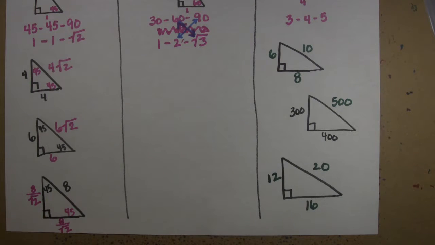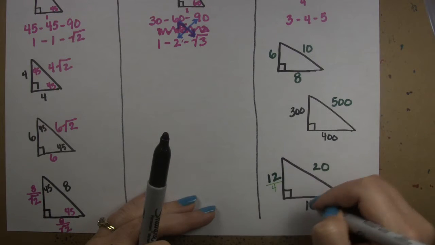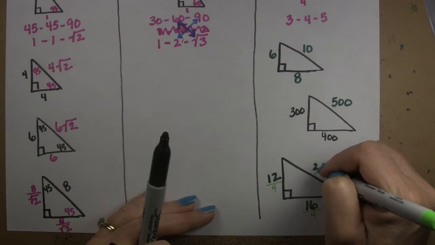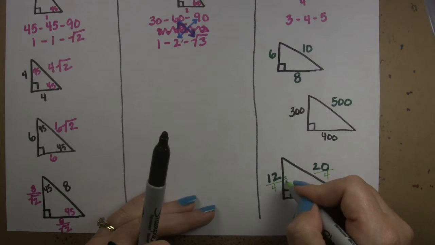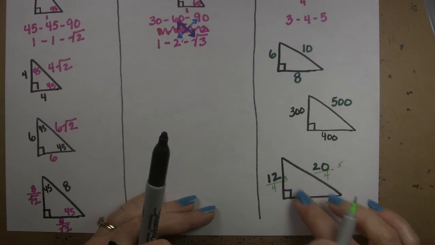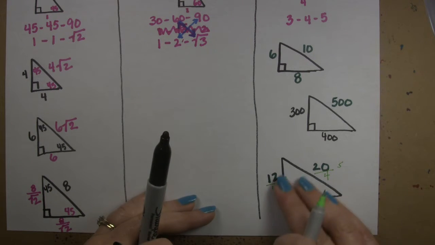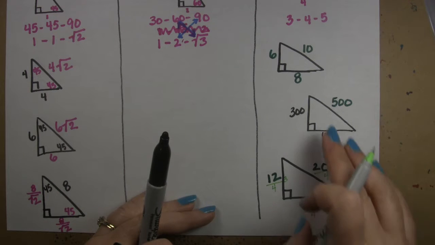Because I could take this. I can divide each one by the same number, which is 4. And I get 3, 4, 5. So it takes a little bit of practice to get used to seeing the 3, 4, 5 pattern.